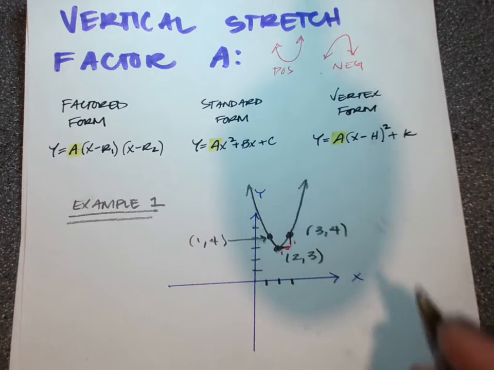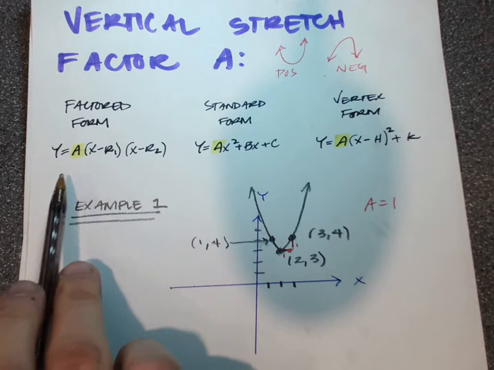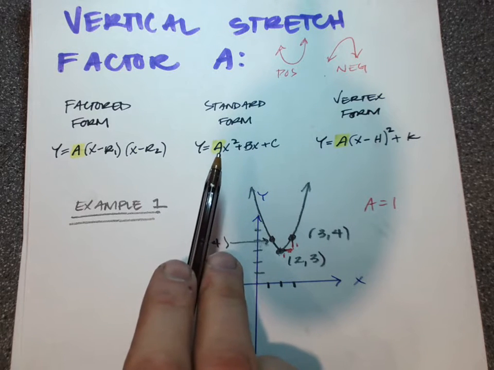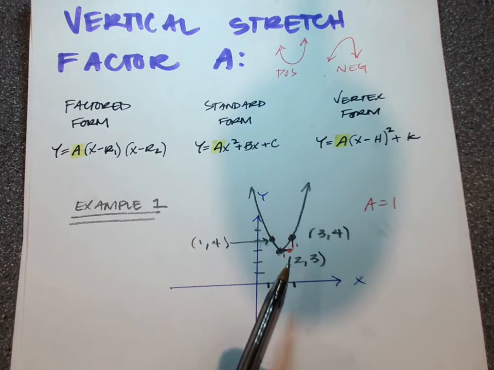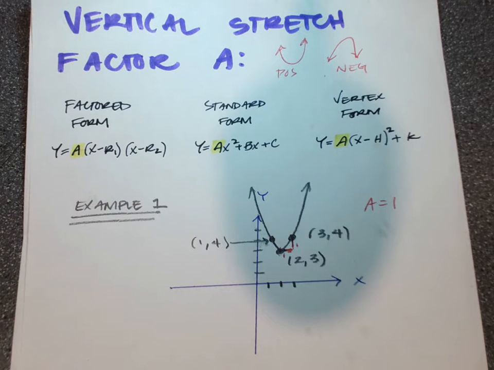That would be a normal A value. In this case, the default A is 1. And since this has no roots, we cannot write it in factored form. And we can't interpret B from just the graph. So really our only choice for writing the equation is vertex form.